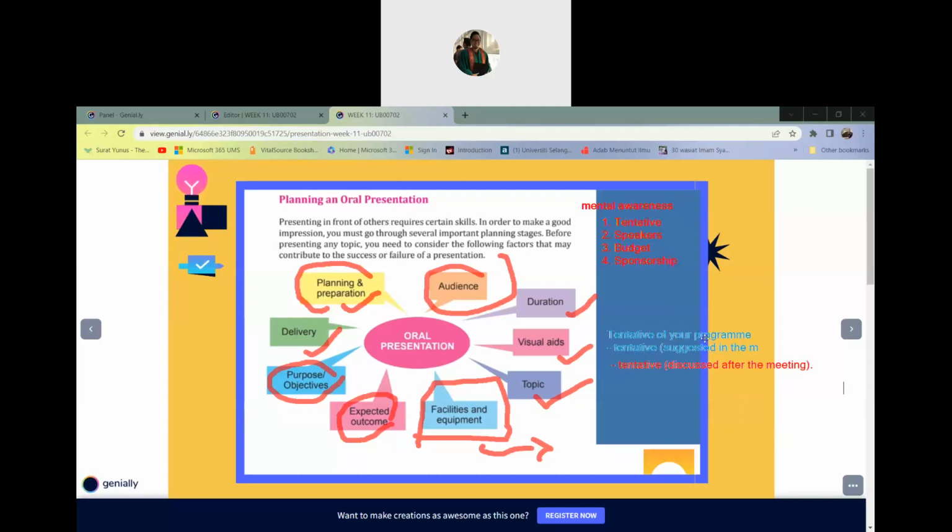Maybe you want to focus on the activities. The first suggested activities could be a few activities here. Then after you have discussed, you have new activities or improvised activities.